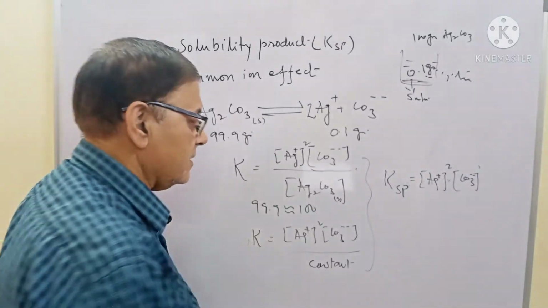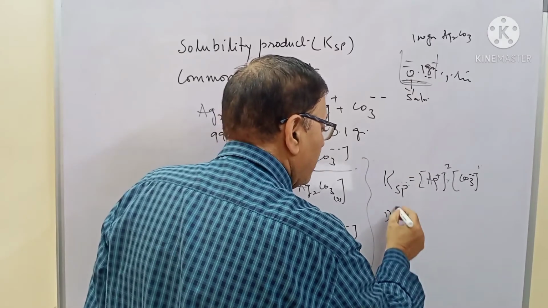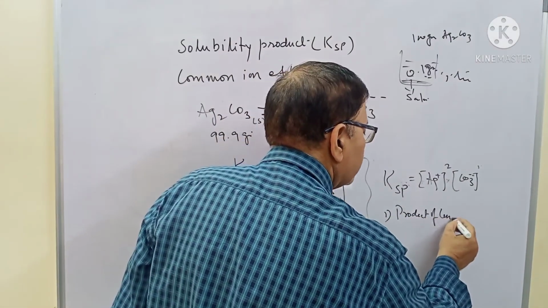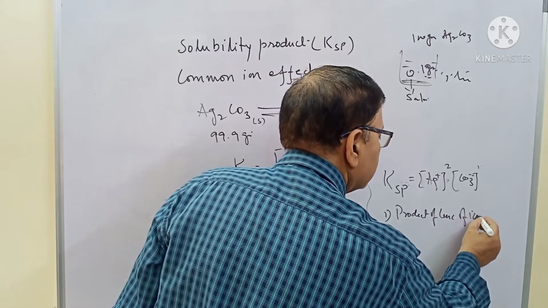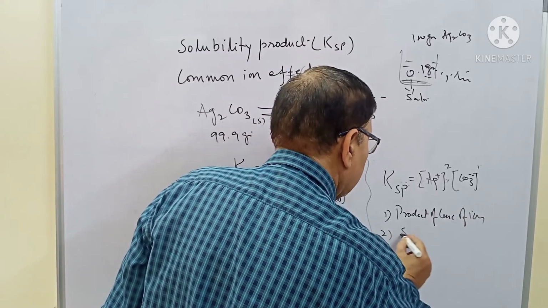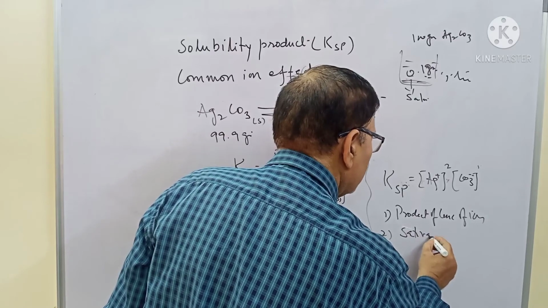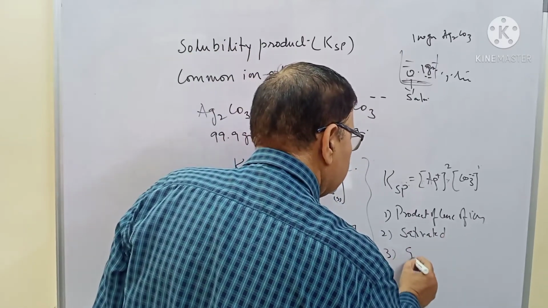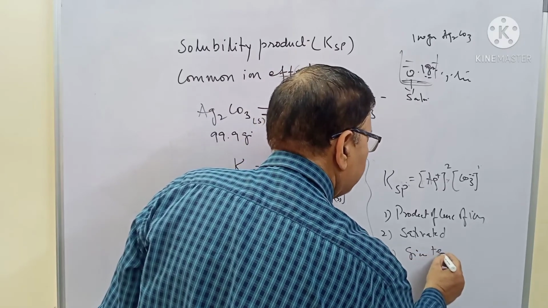Four points. Look here. One, product of concentration of ions. Second, in a saturated solution at a given temperature.